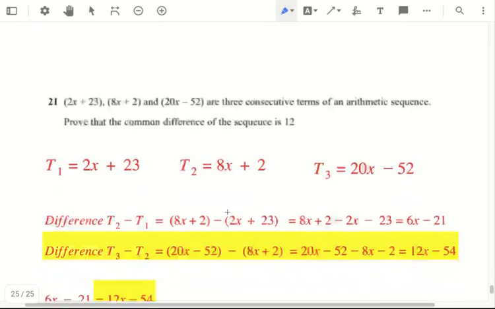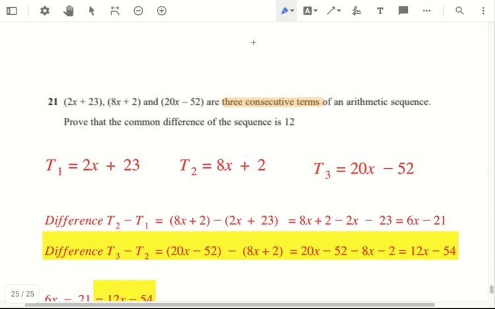Okay, last question. 2x plus 23, 8x plus 2, 20x minus 52 are 3 consecutive terms of an arithmetic sequence. So what does it mean by 3 consecutive terms of an arithmetic sequence?